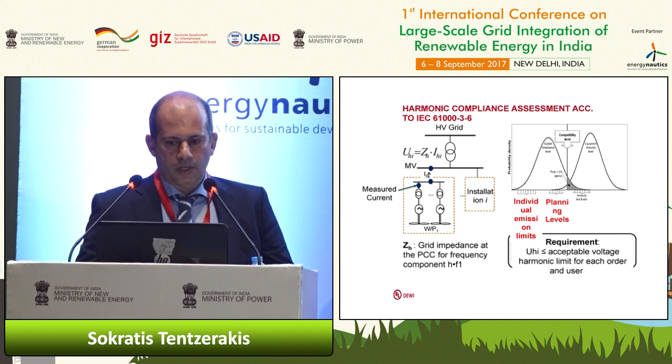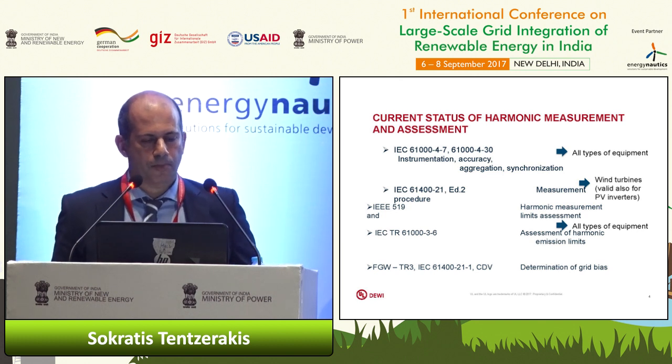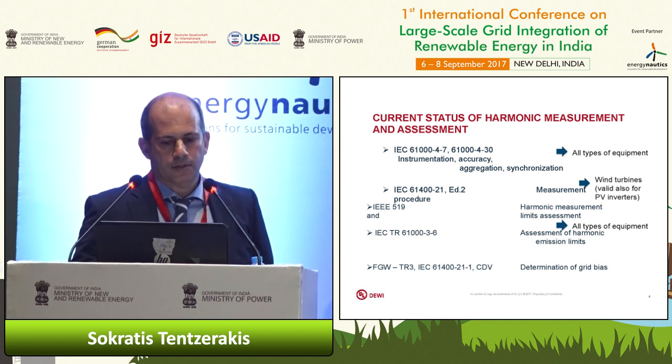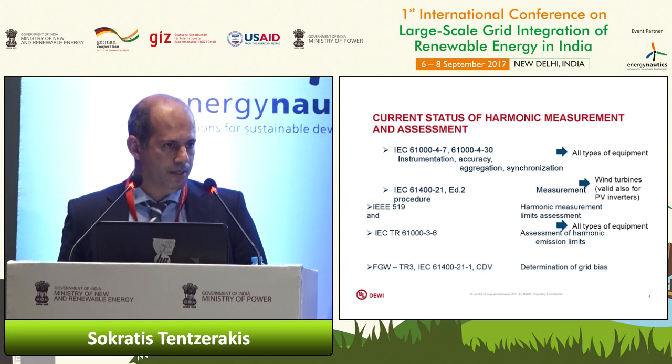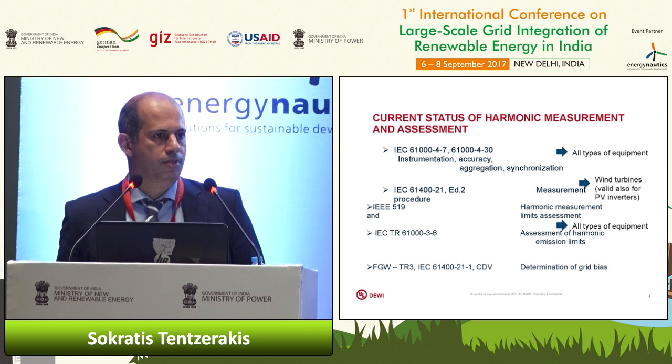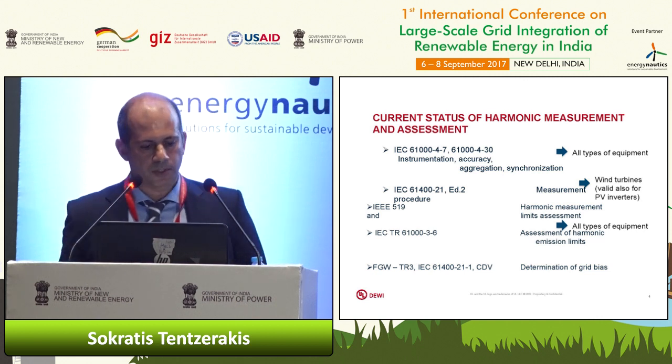What's the status of the harmonic measurements at the moment internationally? So we have two standards that are referring to the measurement instrumentation and setup for harmonics and power quality in general. Secondly, we have the 61400-21 standard, which is dedicated to wind turbines, but due to the fact that it is adapted to the changing operating point of the wind turbines, it can also be applied for PV inverters, as mentioned before.